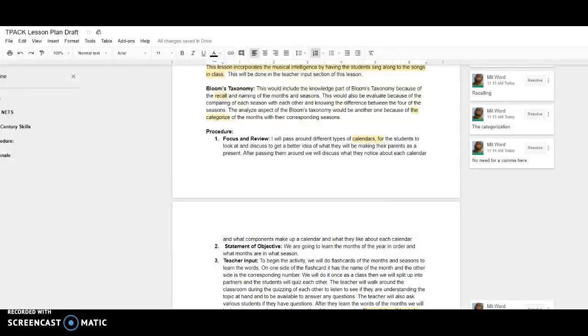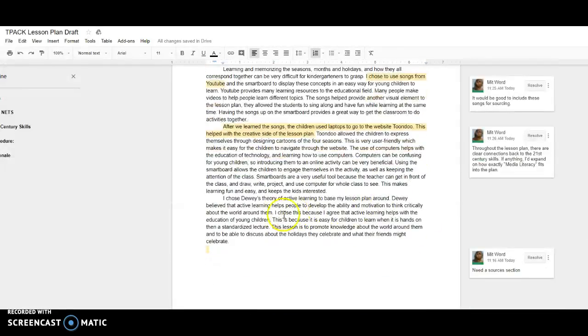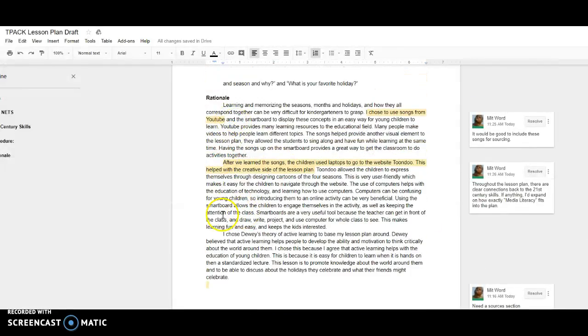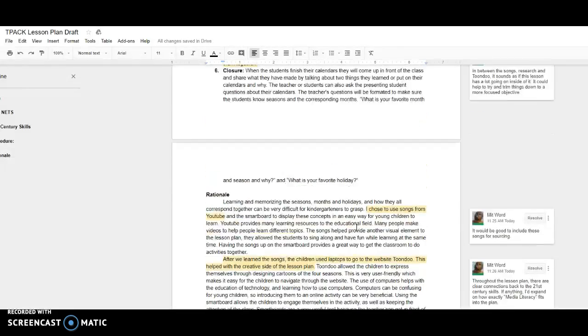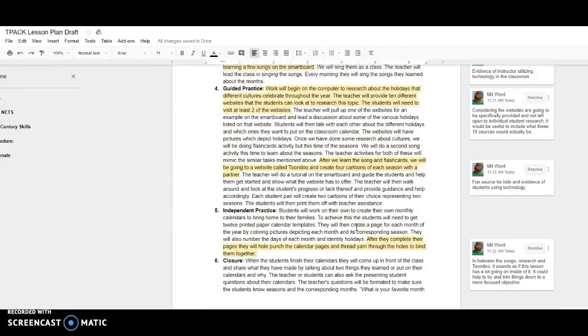And it all works together with the rationale statement down here, this last paragraph about the active learning theory by Dewey. It really comes into play. I think it helps tie everything together in terms of why there's so much done in this, in terms of not only technological aspects but also physical, with writing and songs.